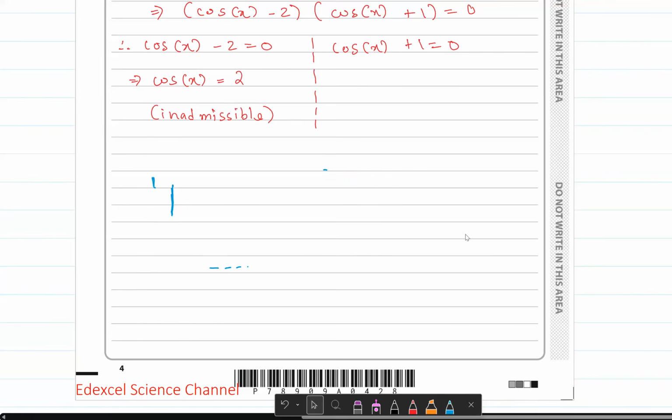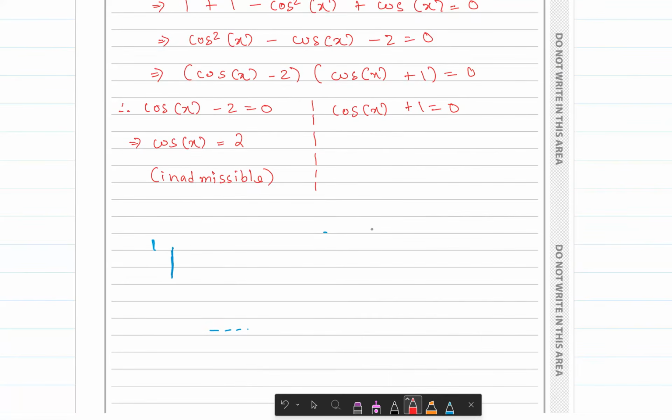Now, on the right hand side, I get cos x equals negative 1.